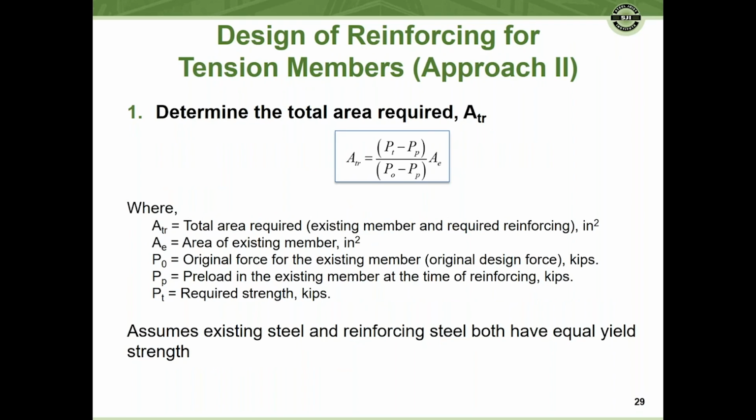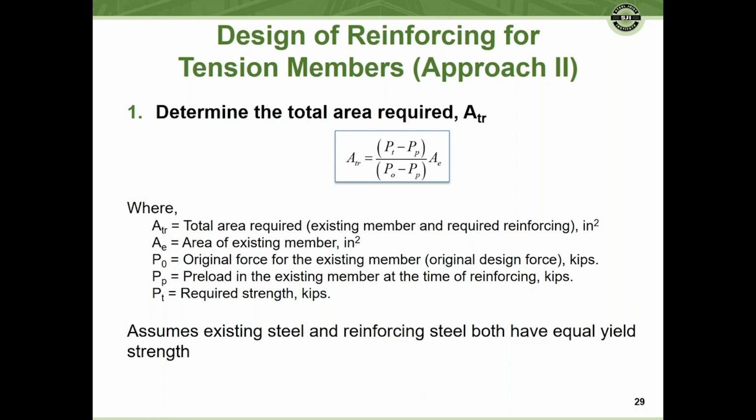So when we're going to look at the reinforcing of a tension member, for example, this is what we need to do. The first thing we need to do is determine the total area. So we're going to do this proportion of areas and proportion of loads.